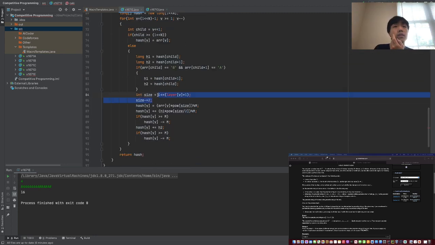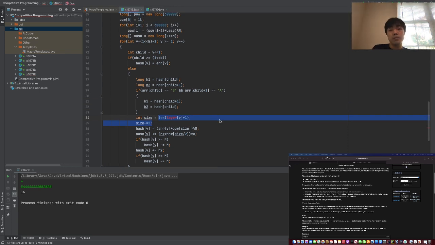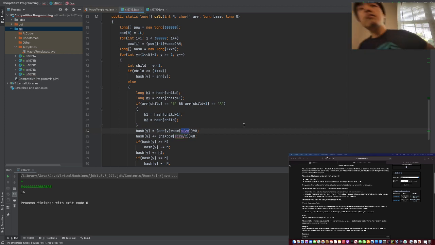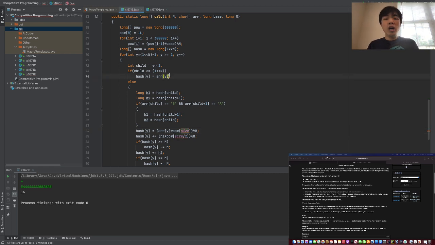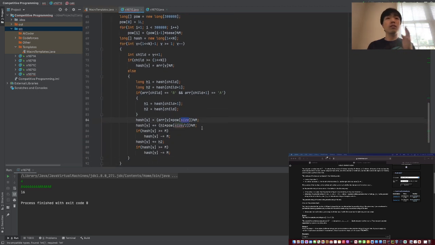Then down over here, size just becomes, we need to directly use a size array, because then it's just like we want to take this coefficient and multiply it by this much, and then, yeah, so size increases by, well, it's just the size of the child.